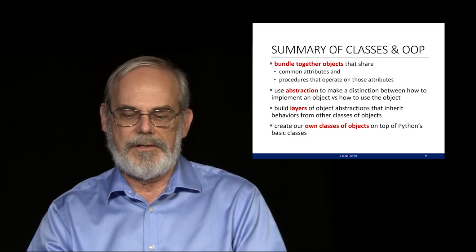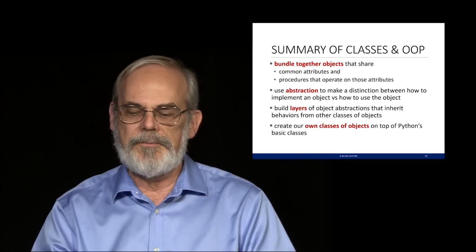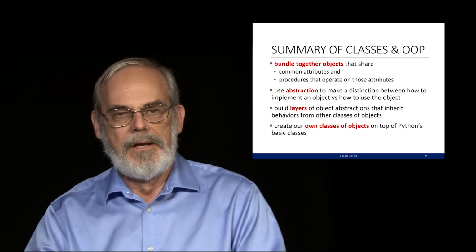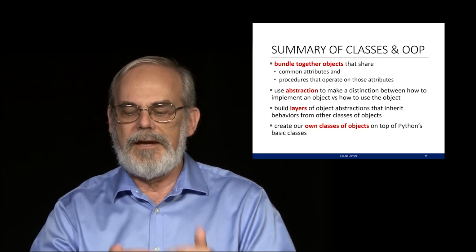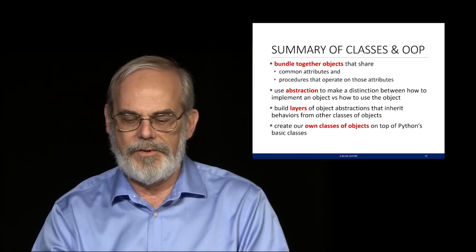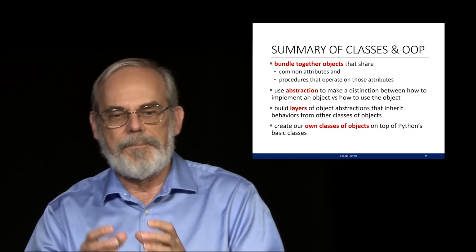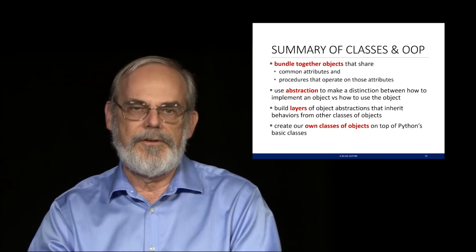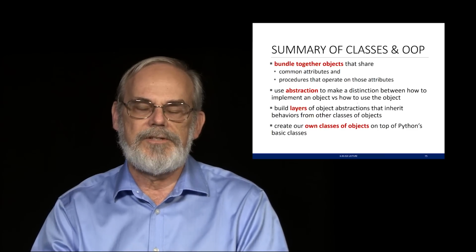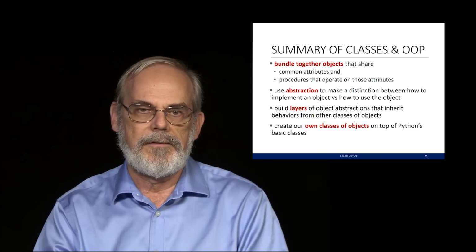I'm using abstraction to distinguish between how I implement something and how I use it. And now we've seen an example of building layers of abstractions with inheritance associated with them. And that lets us create hierarchies of behaviors while preserving clean code and efficient code by associating methods with each instance of a class that implement that common behavior.